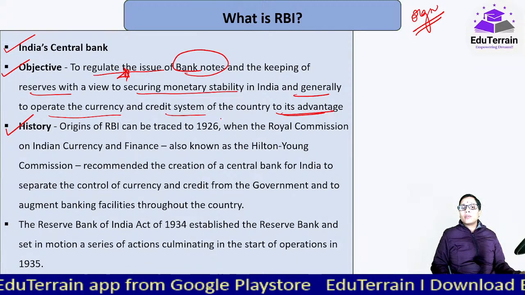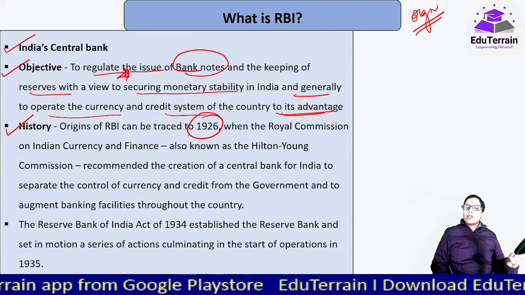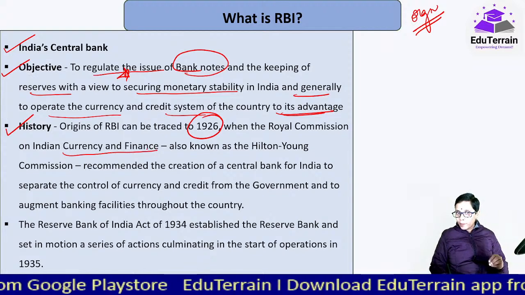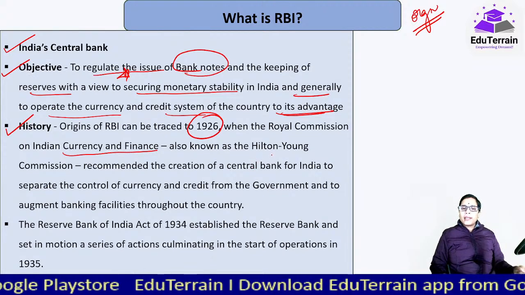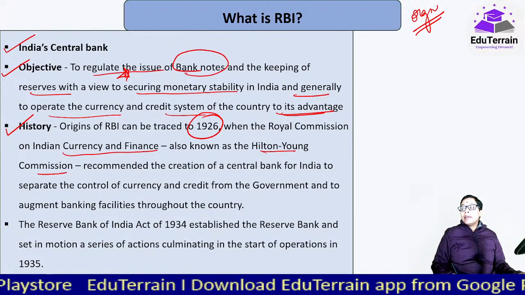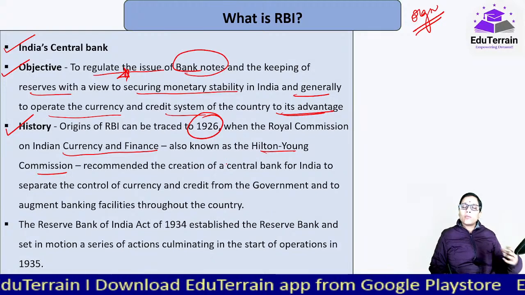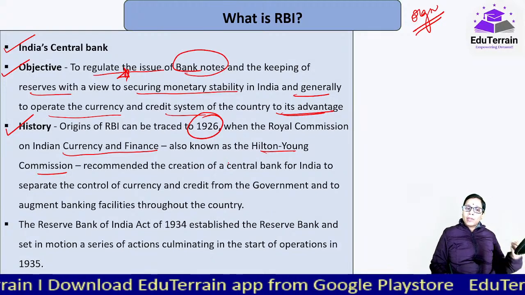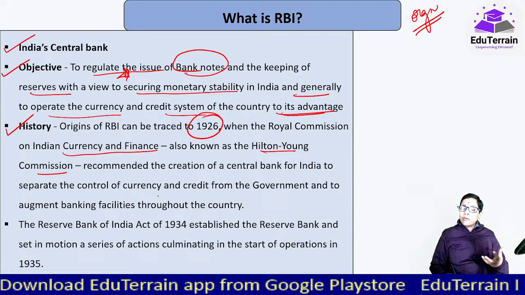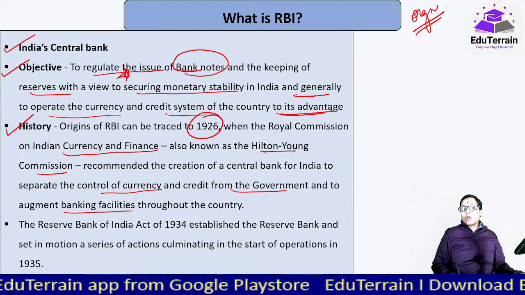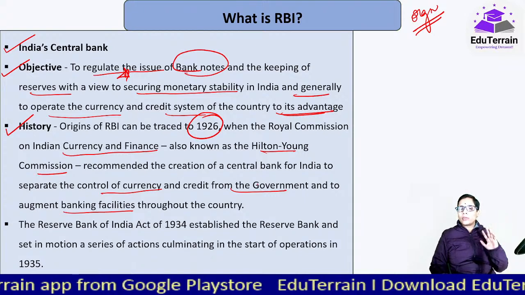And its history can be traced to 1926, when the Royal Commission on Indian Currency and Finance was set up. And this, which is also known as Hilton Young Commission, recommended that a Central Bank of India should be created. It was earlier a private bank, and they wanted the control of currency and credit from the government, and to augment banking facilities throughout the country.